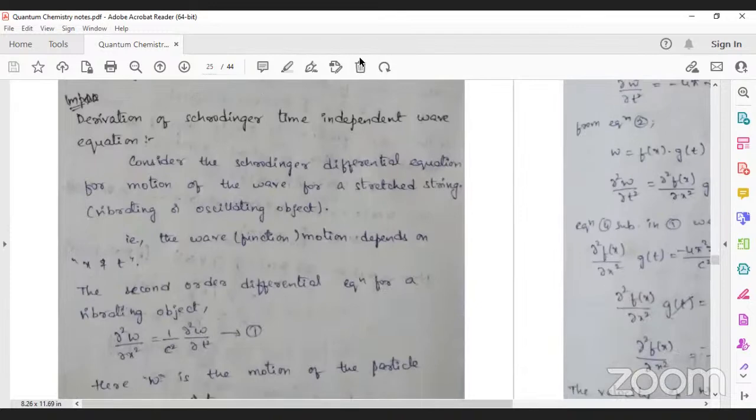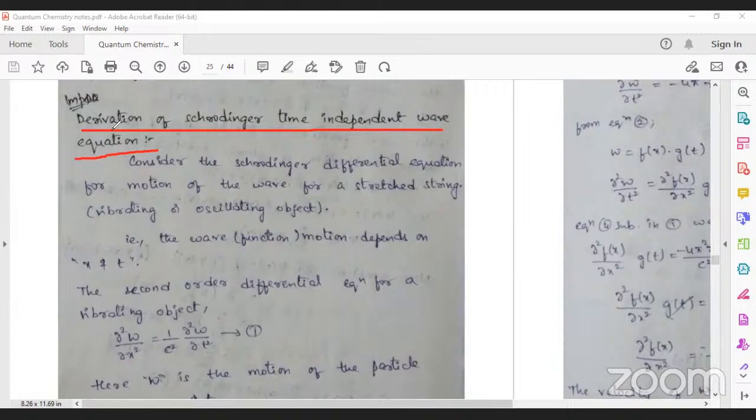One more important topic is the derivation of the Schrodinger wave equation. Actually, it is very simple to understand, but somehow numericals will be there. You have to concentrate on that, otherwise it will be very difficult. Also remember, the entire further topic depends on this Schrodinger wave equation only.